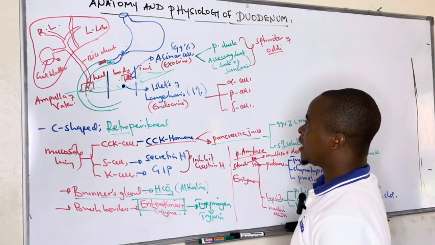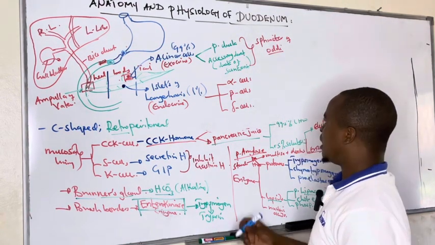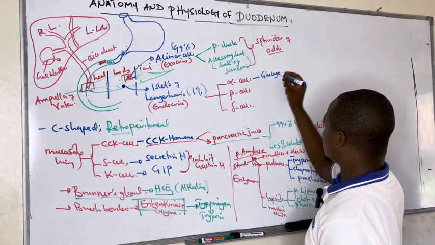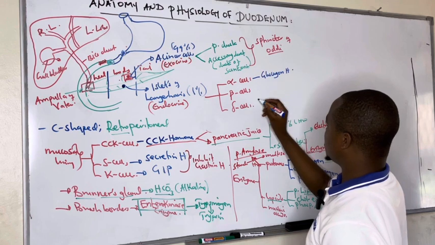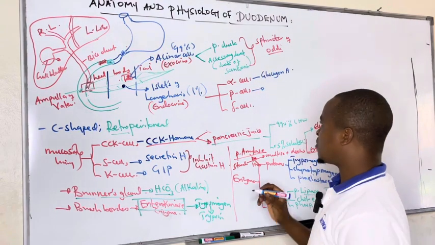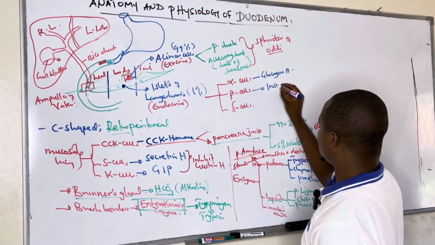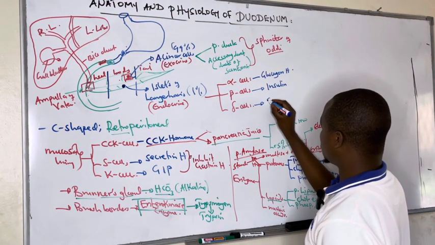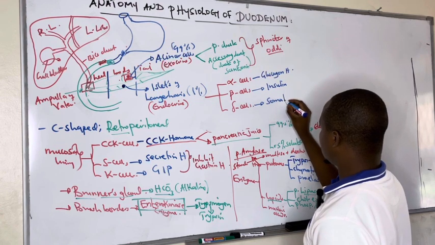And these play an endocrine role, whereby the alpha cells produce glucagon hormone. These produce it directly into blood. That's why we are calling them endocrine. Beta cells produce insulin hormone, and the delta cells produce somatostatin.